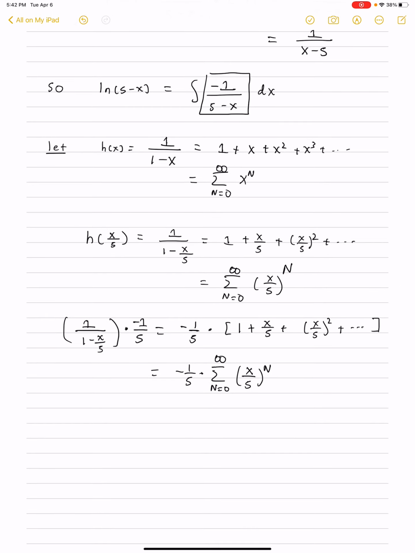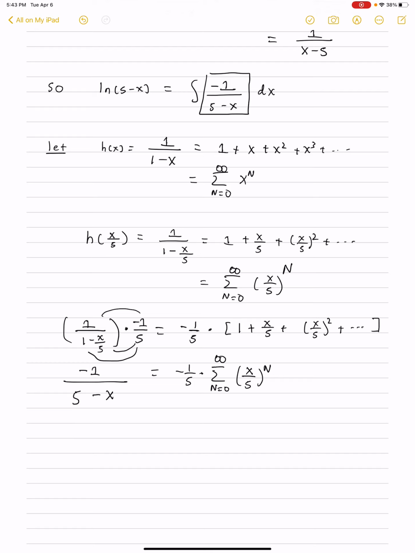Now if I perform this multiplication, I'm going to multiply numerator by numerator, but then I'm going to have to distribute the 5. So 5 times minus x over 5 just becomes minus x. 5 times 1 gives me 5.